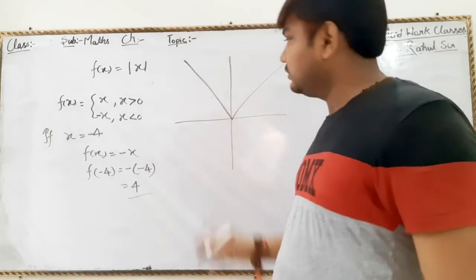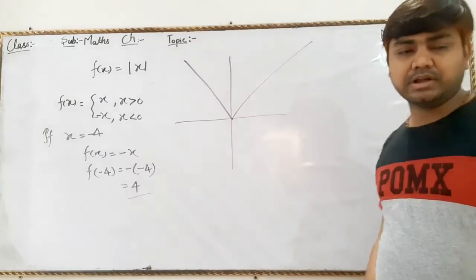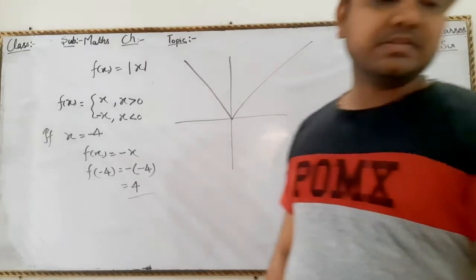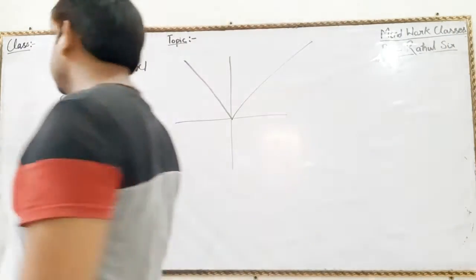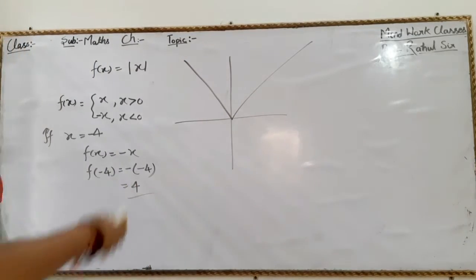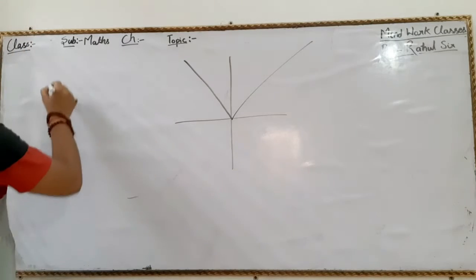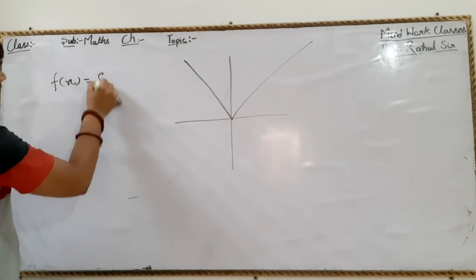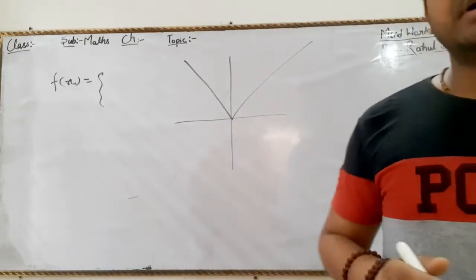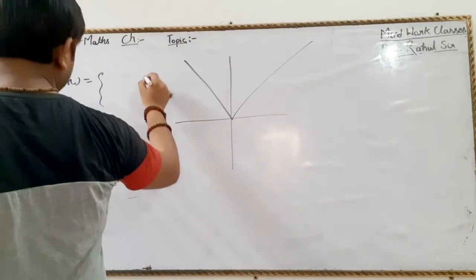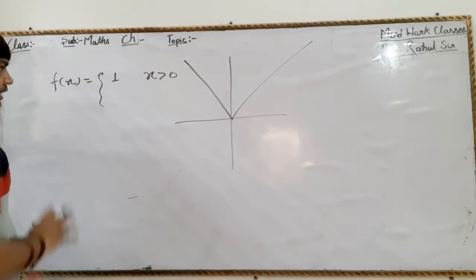For now this graph is not that important, so I am not going to explain it much. Now the next topic is signum function. What is a signum function? Signum function is a special type of function in which if x is greater than 0, the value of function is 1.